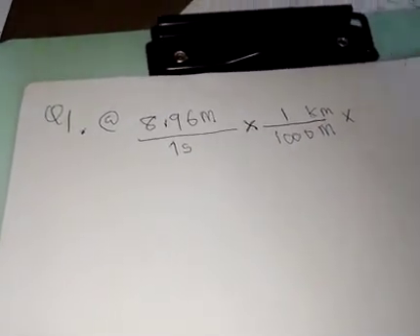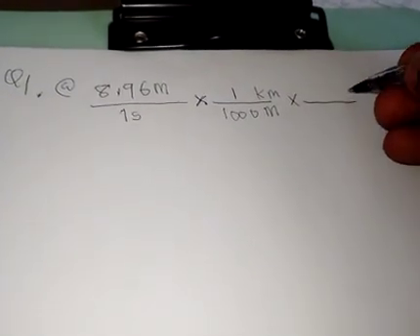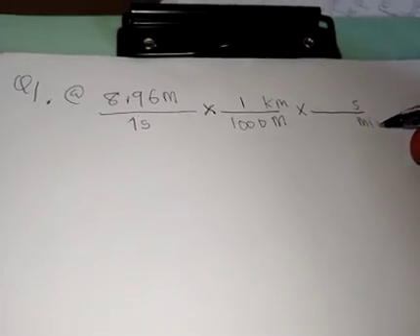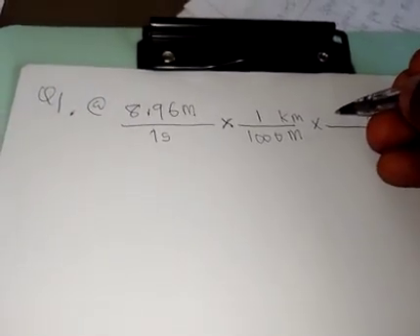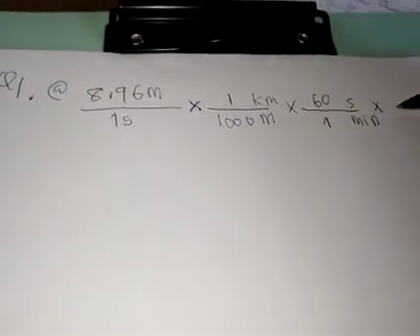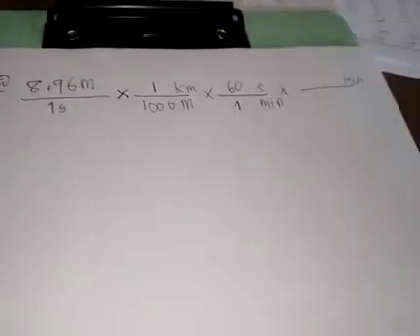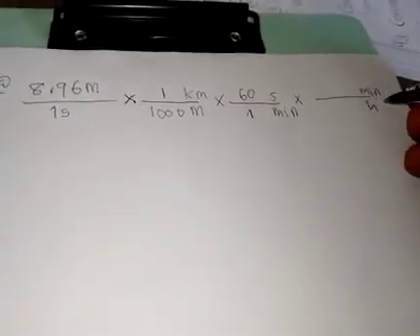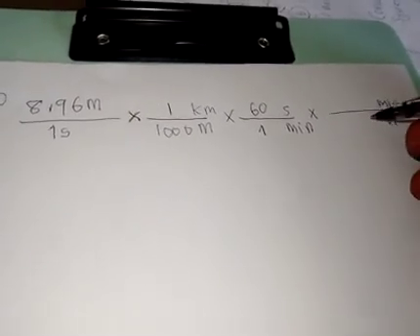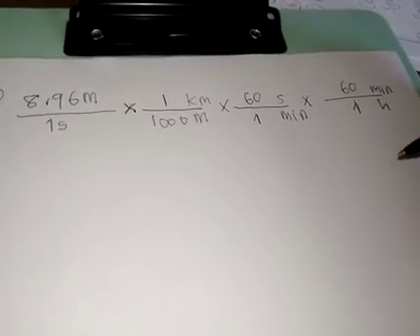Then for the seconds, we convert from seconds to minutes: 60 seconds is 1 minute. Then from minutes to hours, we have minutes on top and hours down there: 60 minutes give us 1 hour.